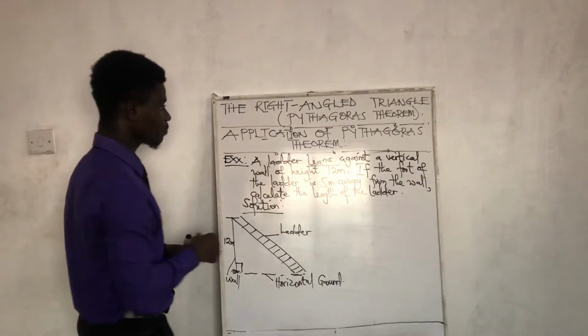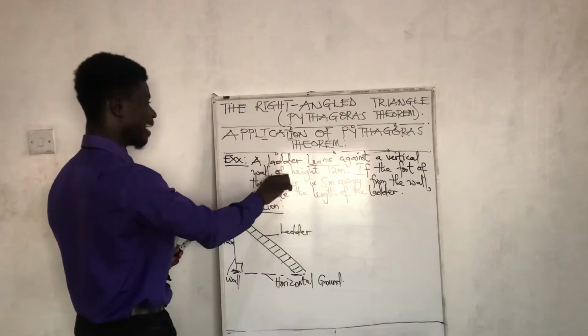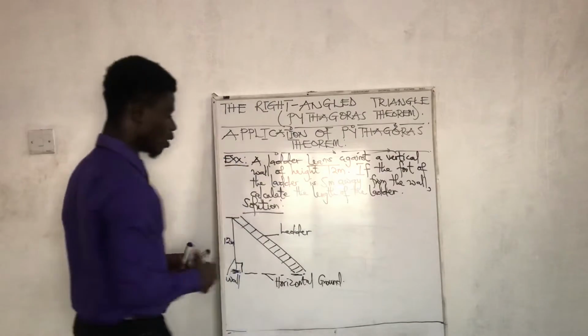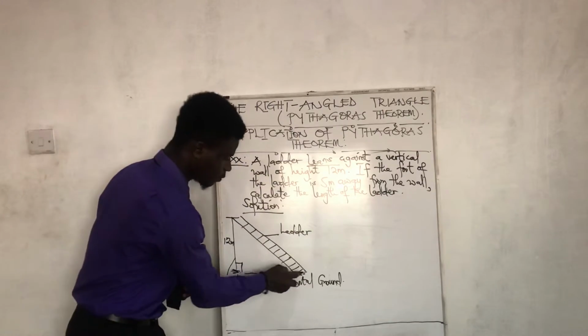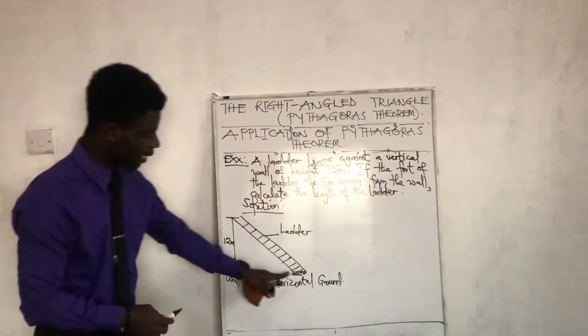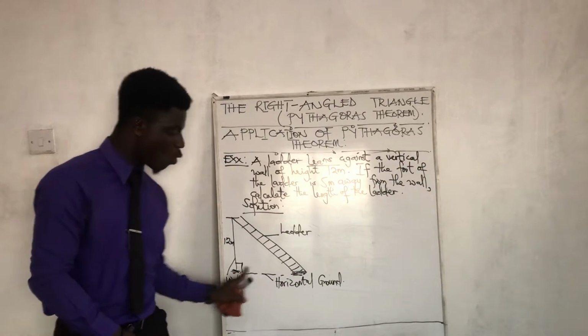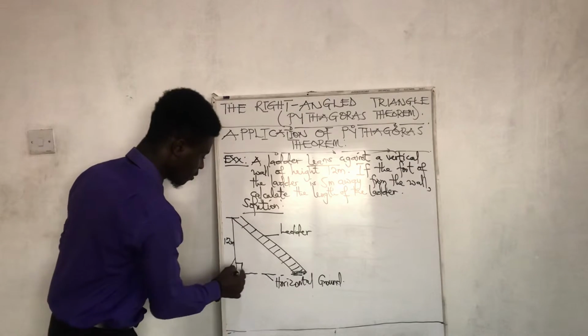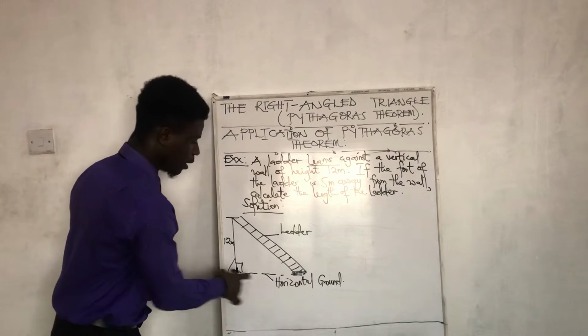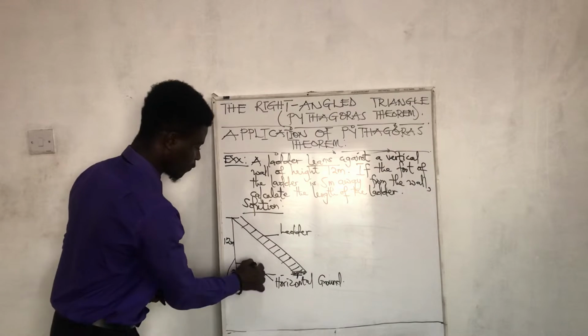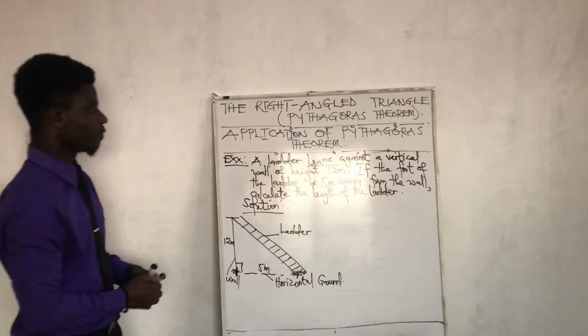And now, if the foot of the ladder is 5 meters away from the wall, we all know the foot of this ladder is 5 meters away from this wall. So that means from this point to that point here is 5 meters.